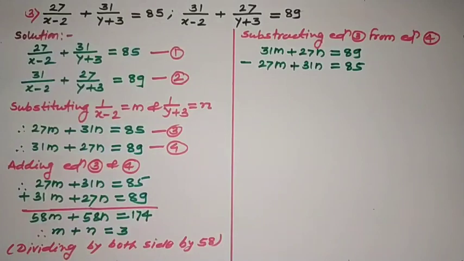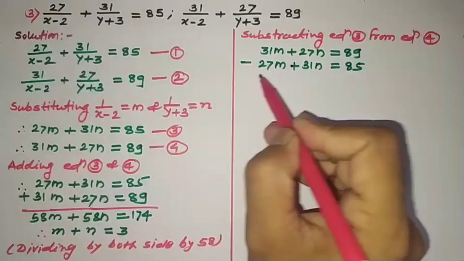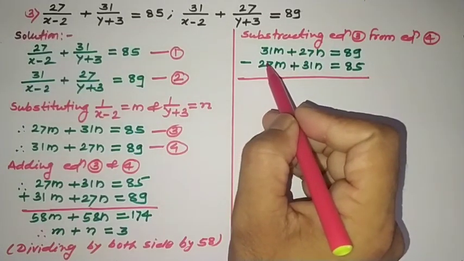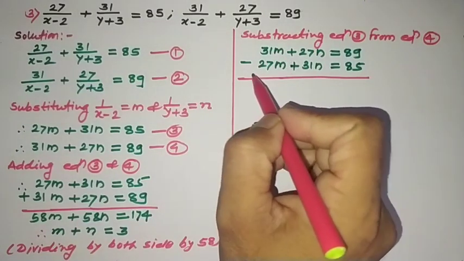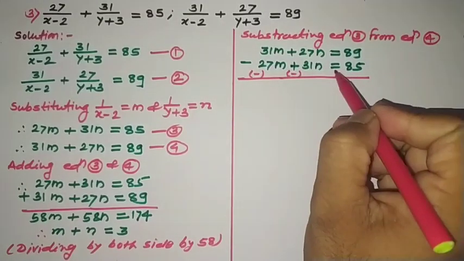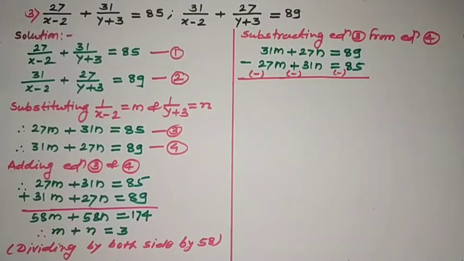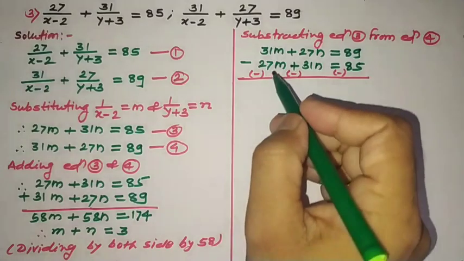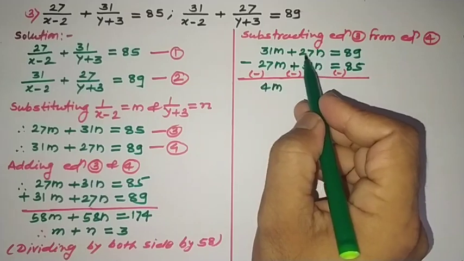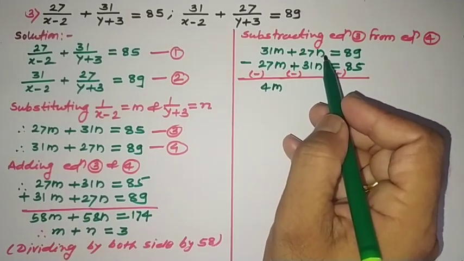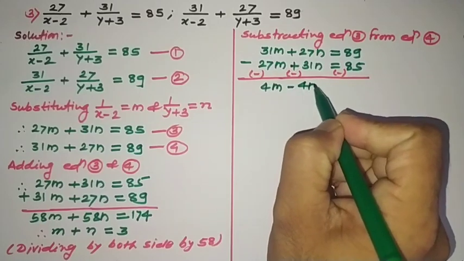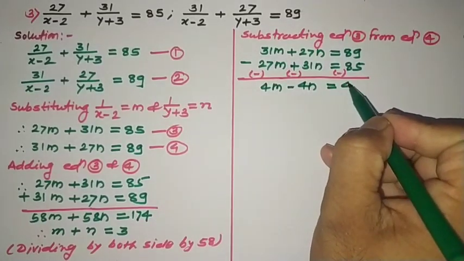Here for the subtraction of these two equations, change the sign in the second equation. Here the plus is minus, here the minus and minus. 31m minus 27m is 4m, and 27n minus 31n is minus 4n, is equal to 4.